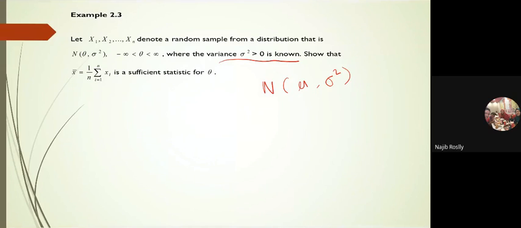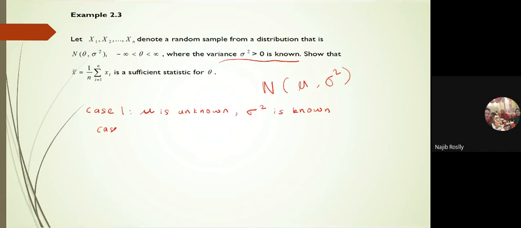We have several cases. Case 1: mu is unknown, sigma square is known. You can find the sufficient statistic for that.